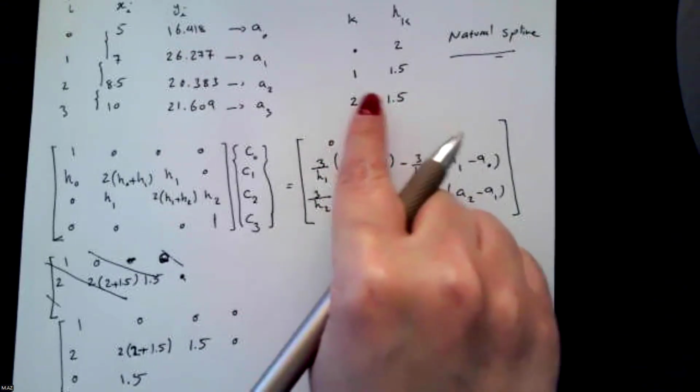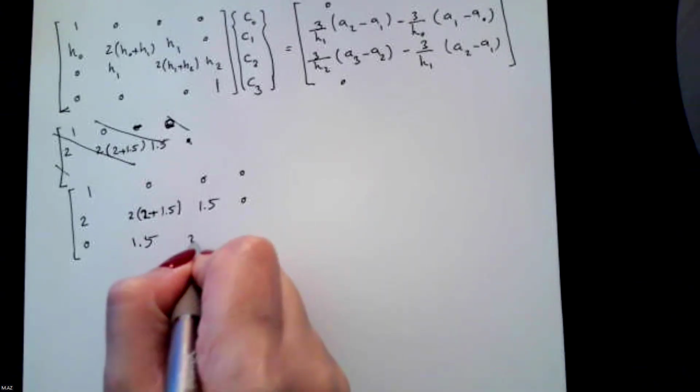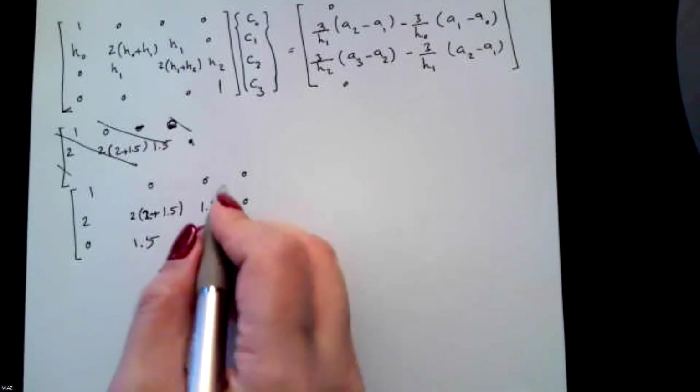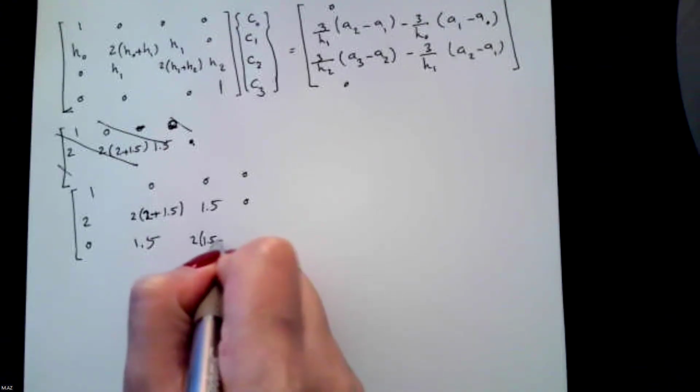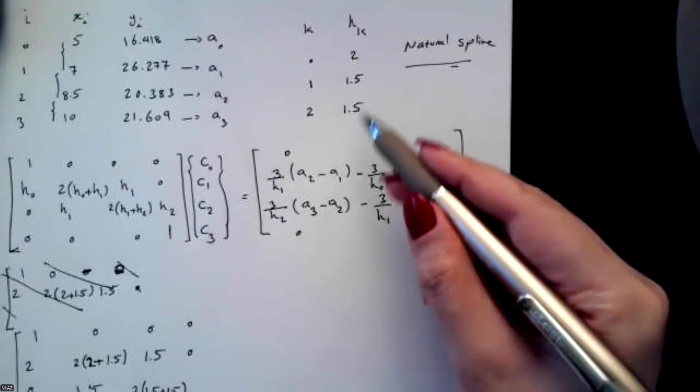The value of h sub 1 is 1.5. Then 2 times h sub 1 plus h sub 2, 1.5 plus 1.5.